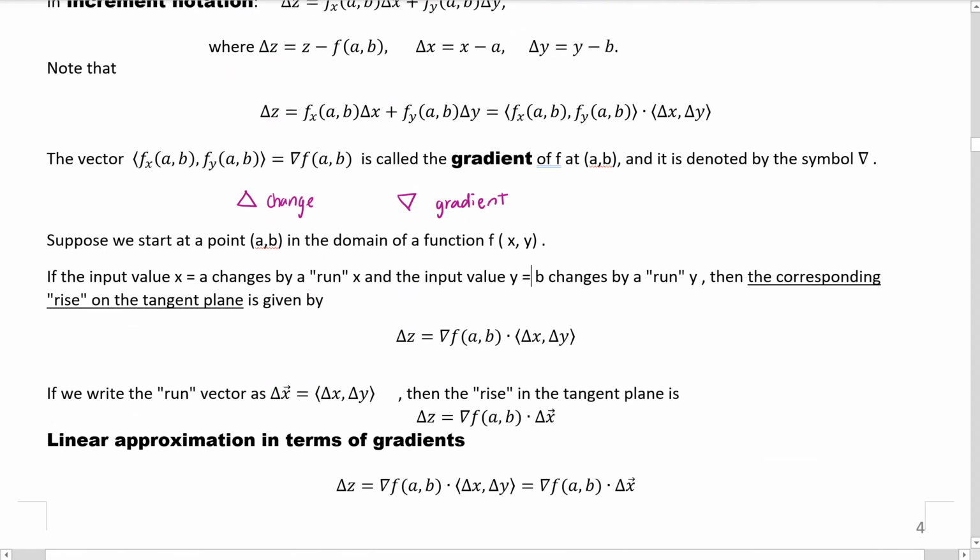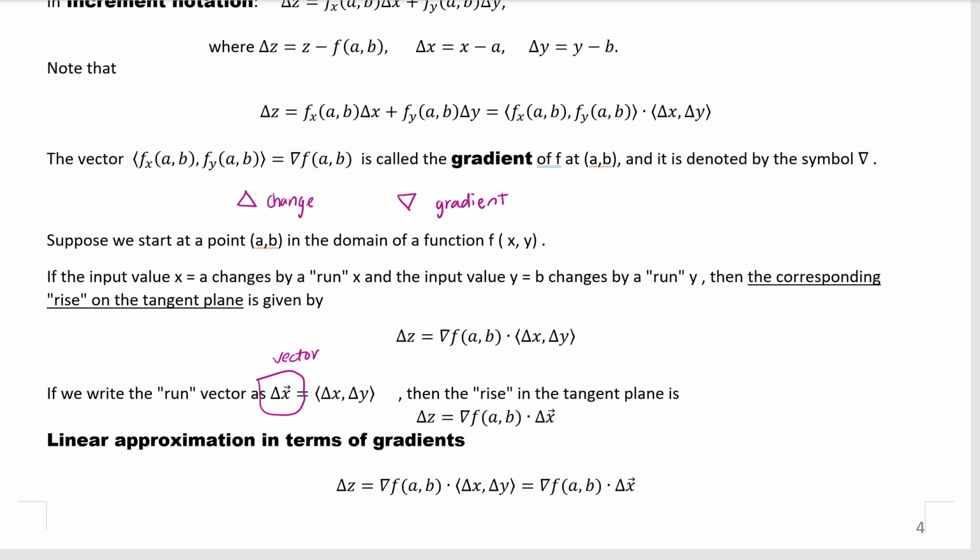Now we can define the run vector. It's running in two directions, the x and y direction, so we can use this notation. Be careful: this one has an arrow on top, so it is a vector. Change of x with no arrow is just a component of that run vector.